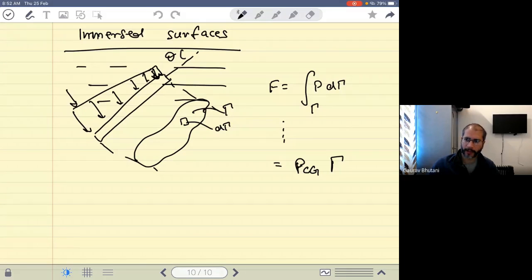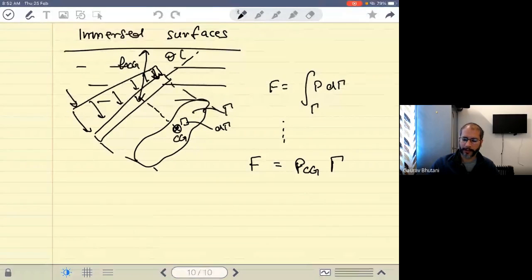This plate that you have will have some CG, center of gravity, somewhere here. So all you have to do is find the height of the center of gravity.